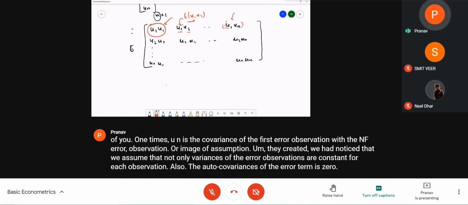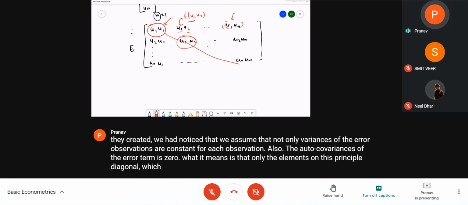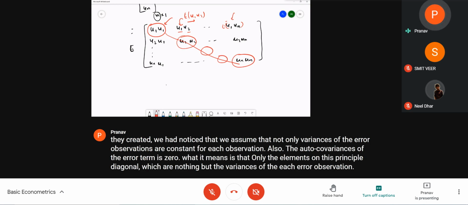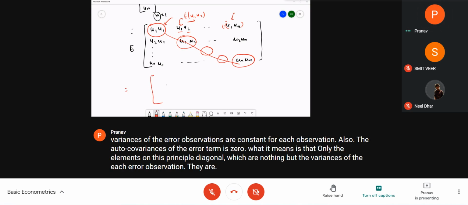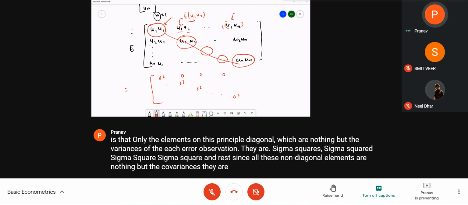What it means is that only the elements on this principal diagonal, which are nothing but the variances of each error observation, are sigma square, sigma square, sigma square, sigma square, and the rest, since all these non-diagonal elements are nothing but the covariances, are 0, 0, 0.